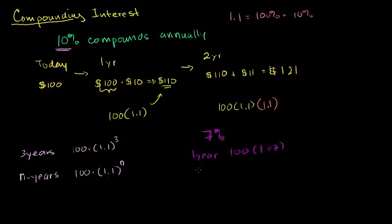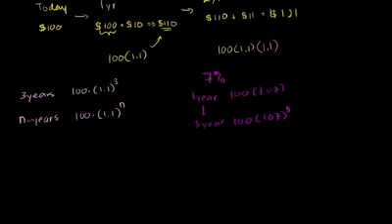After 3 years, it would be 100 times 1.07 to the third power, 1.07 times itself 3 times. After n years, it would be 1.07 to the nth power. So I think you get the sense here that although the idea is reasonably simple, to actually calculate compounding interest is actually pretty difficult.